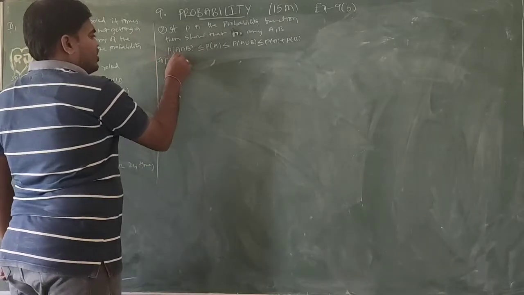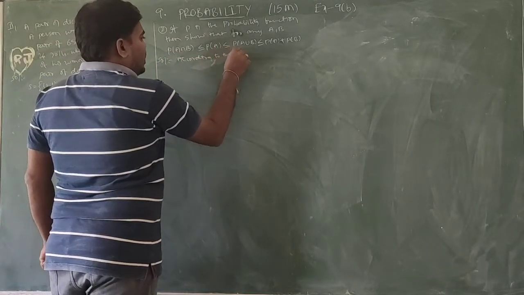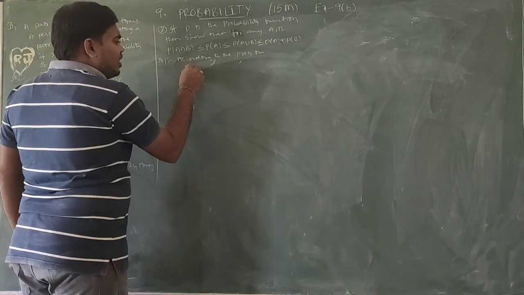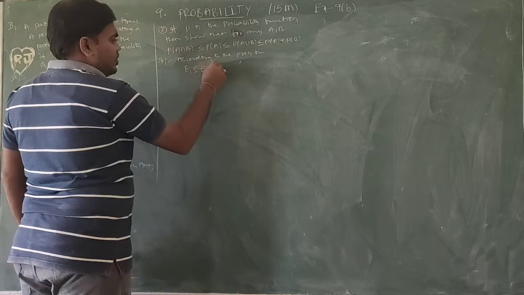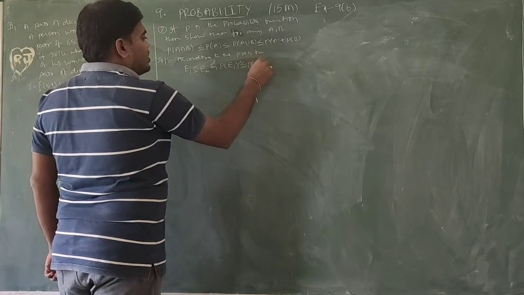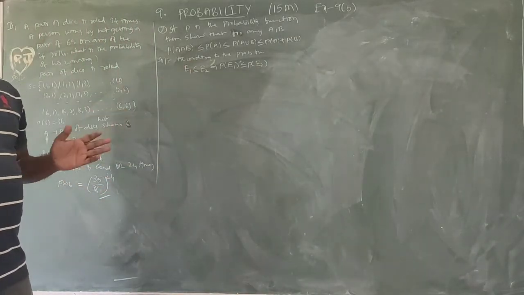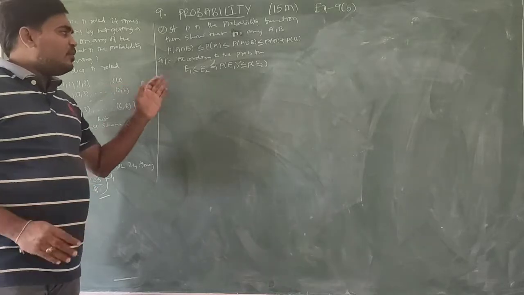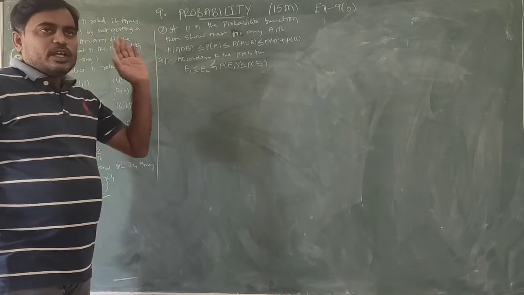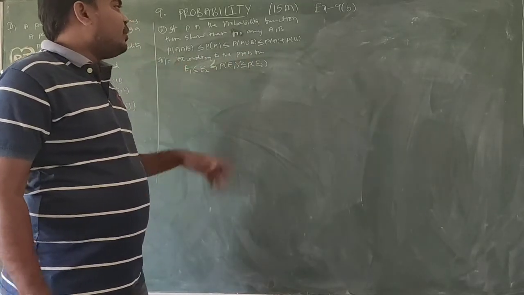Solution: according to the probability axiom, if E1 is a subset of or equal to E2, then P of E1 is less than or equal to P of E2. All the choices of E1 are also choices of E2, so E2 has more choices, so the probability of E2 is more than the probability of E1.